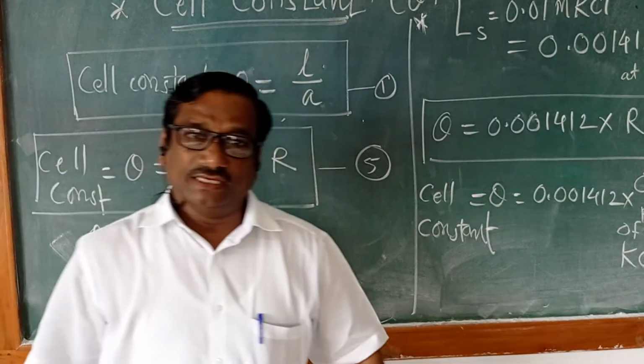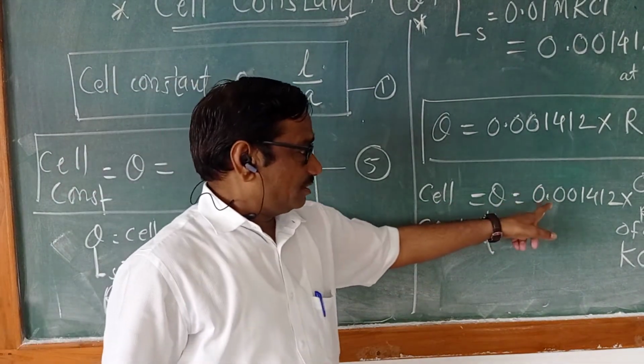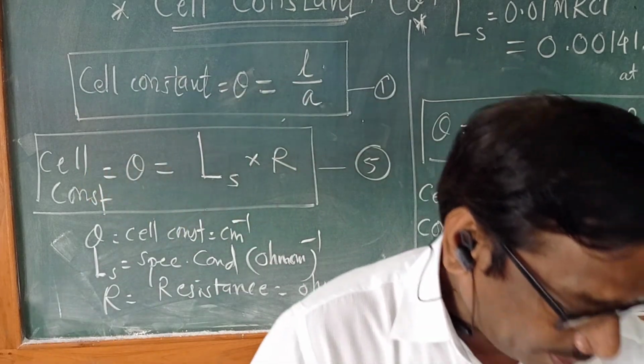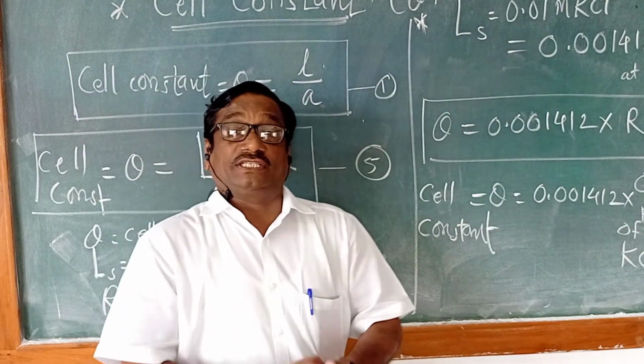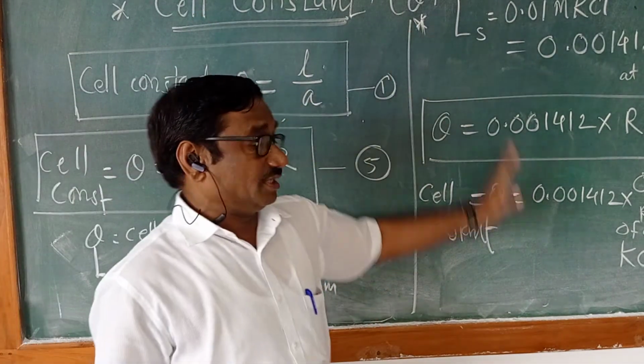So in this way you can find out the cell constant theta by using the known concentration of 0.01 molar KCl solution. Have you understood all these equations?